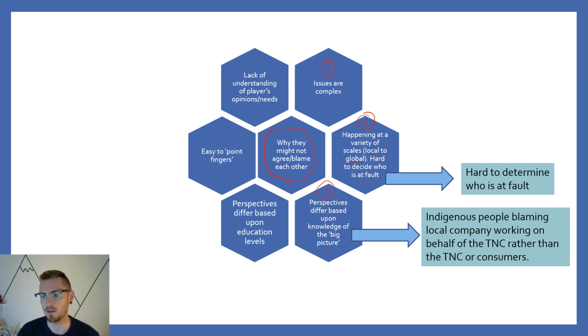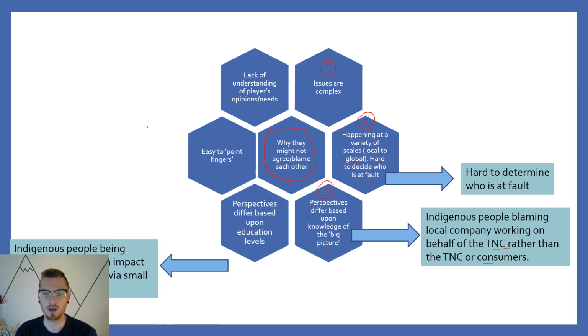But really, it is the TNC employing that company or the consumers who are demanding it, okay? So the potential player does not understand the bigger picture and may only be looking at a smaller picture and blame different players as a result of that.